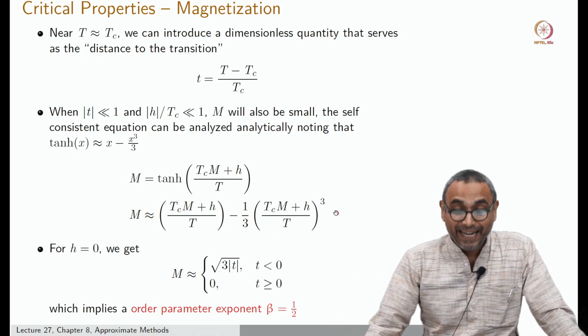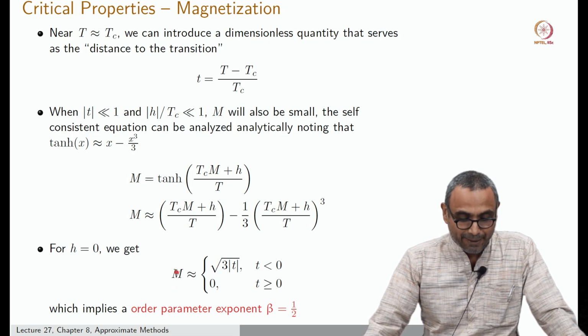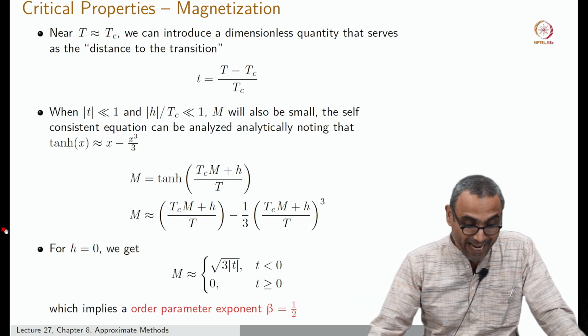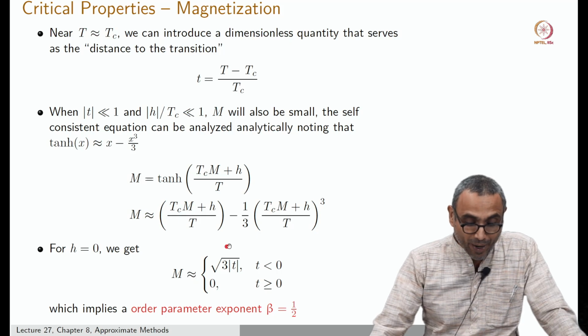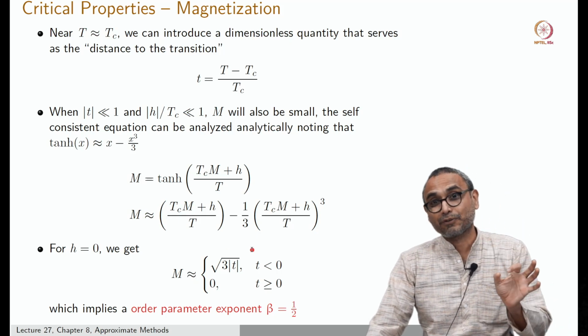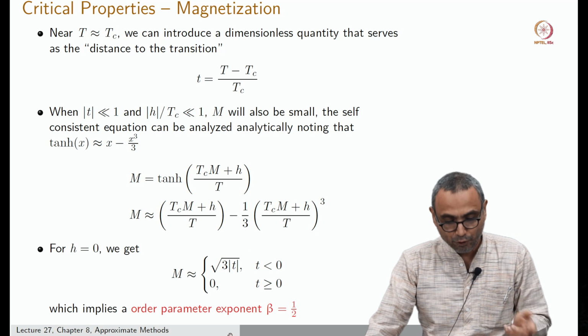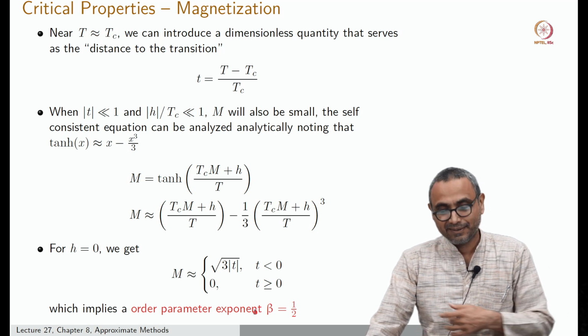And in the absence of H, when I have that symmetry, I will see that m square will depend linearly on t when t is less than 0. So m will go as square root of distance from transition when t is less than 0, and of course 0 when t is greater than 0.